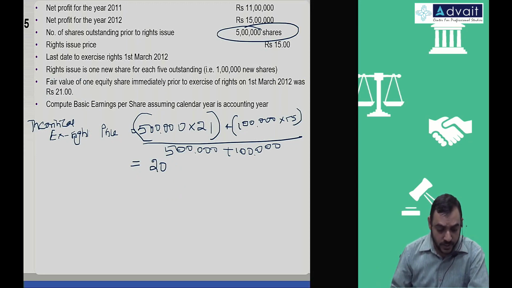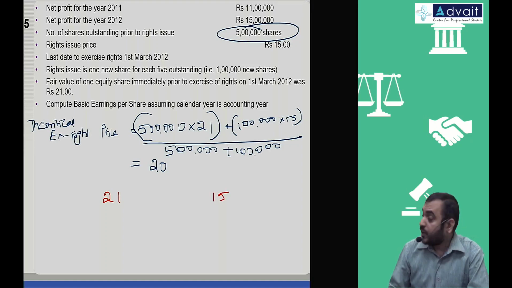You can also compute this in one more manner. What share prices were given? Fair value was 21 and the rights issue price is 15. And what is the rights ratio, the issue of rights shares? 1 for every 5 shares held.